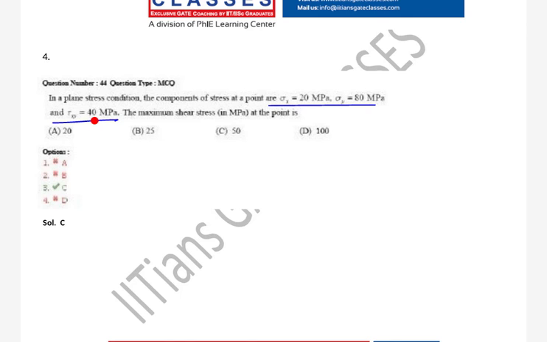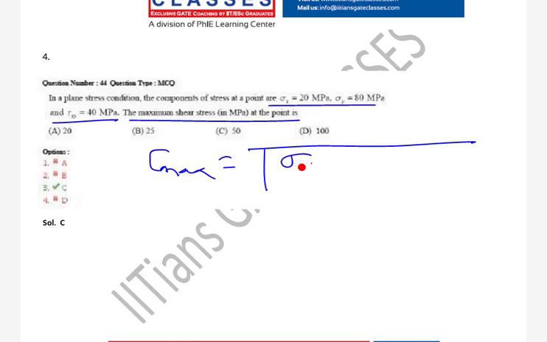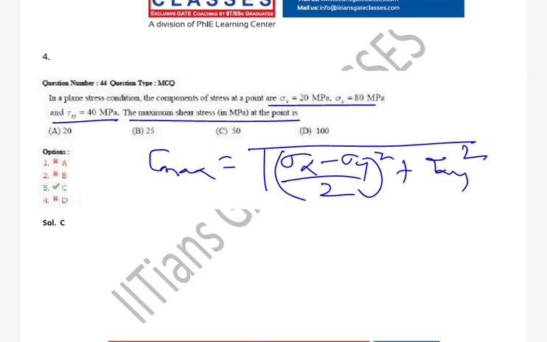The maximum shear stress at a point. So what is the maximum shear stress? Now here you can find theta and you can find tau, or you can directly write the formula. So it is the square root of sigma x minus sigma y by 2 whole square plus tau xy square. So how much is it?